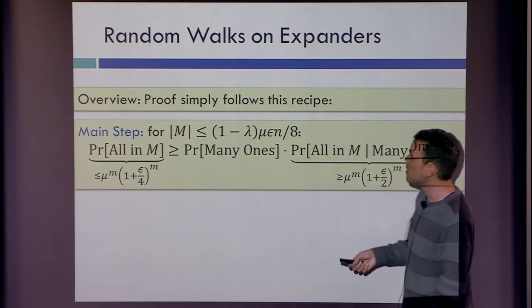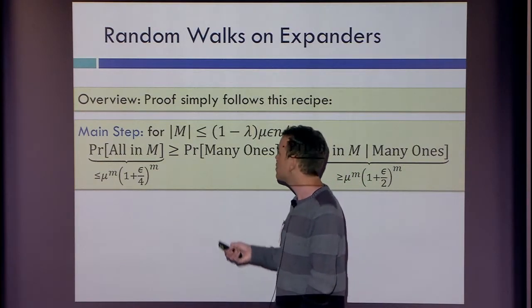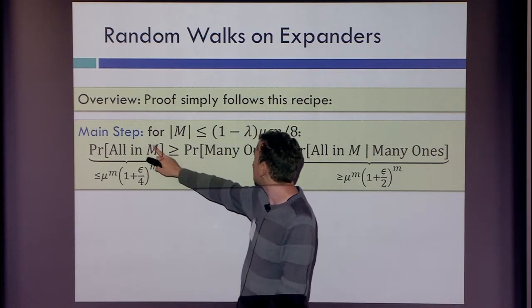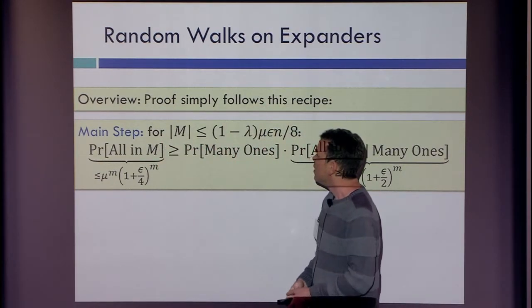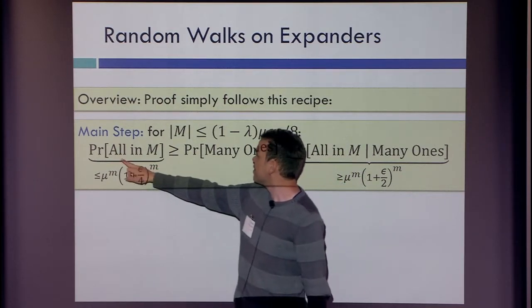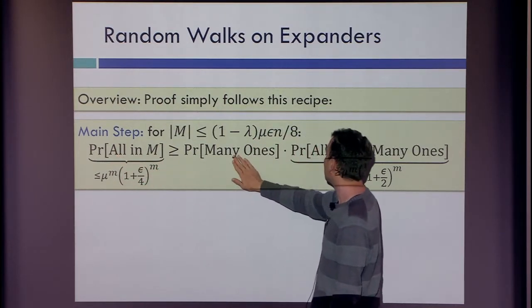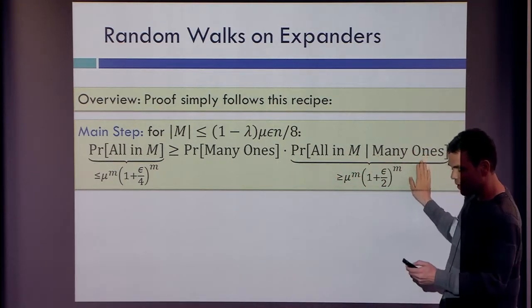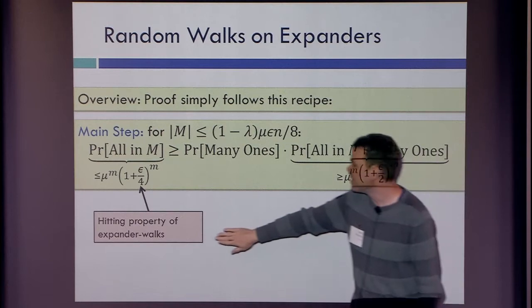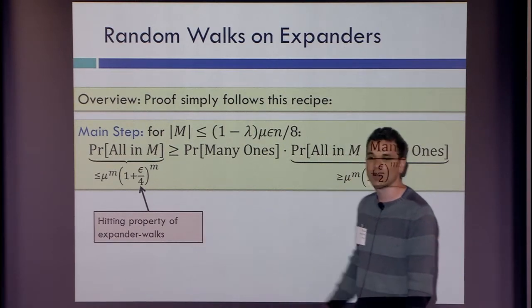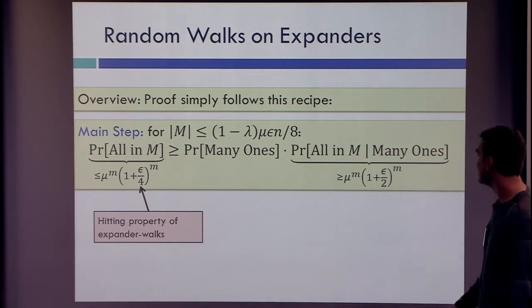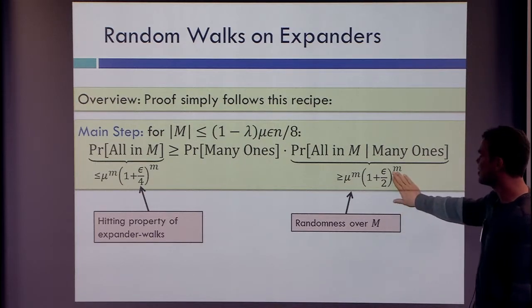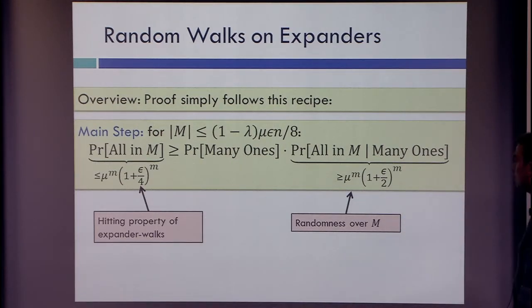The overview for expander walks follows this simple recipe. You do this main step: the probability that all in M is at least the probability that I get many ones times the probability that all in M given many ones. The left-hand side is just the hitting property for expander walks, which is well understood and very easy to bound. The right-hand side just uses the randomness over M.